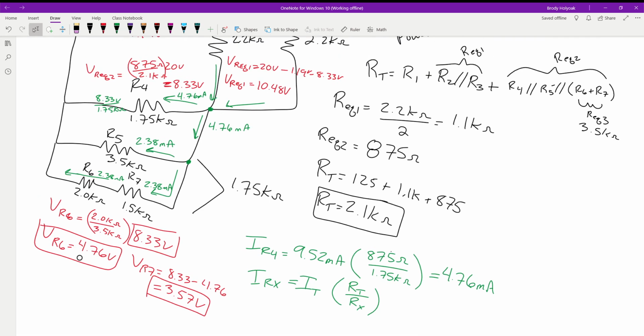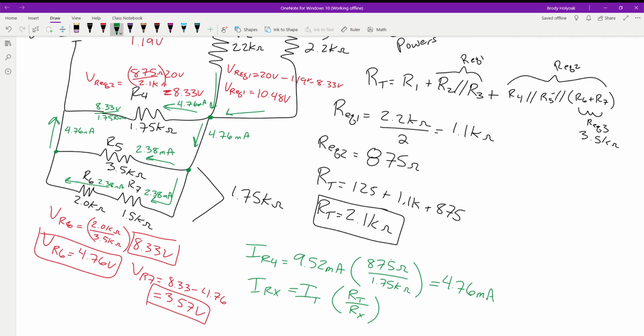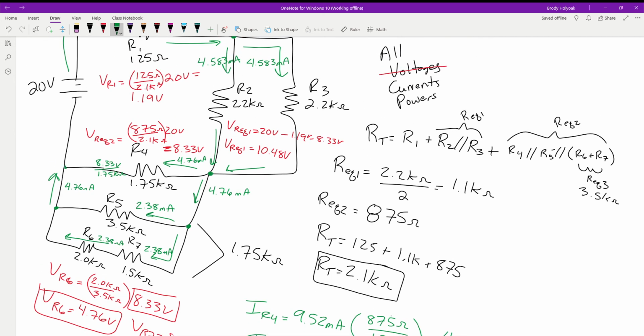So if we were going to continue with our Kirchhoff's current law, we've got current coming up this direction, we have current coming in here. So the only direction it has is to go up. So now we have our 4.76 milliamps going up through there again. And then when we hit this node, we're going to combine back together. And we better get back to our I total.